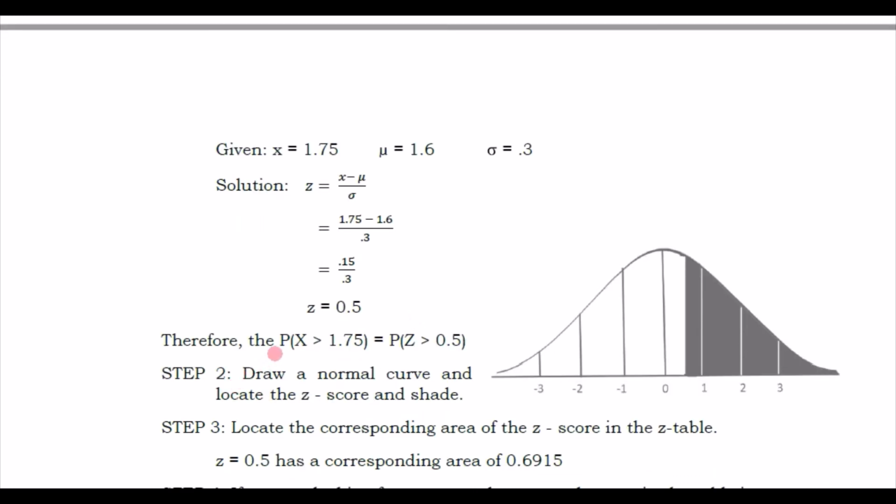So, therefore, the probability of x is greater than 1.75 is equal to the probability of z is greater than 0.5. So, hanapin natin yung 0.5 na point ng z-score or ng probability. Okay? So, yung 0.5, that is between 0 and 1. So, ito yung 0.5.